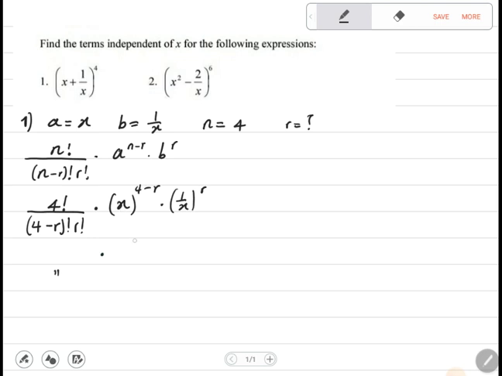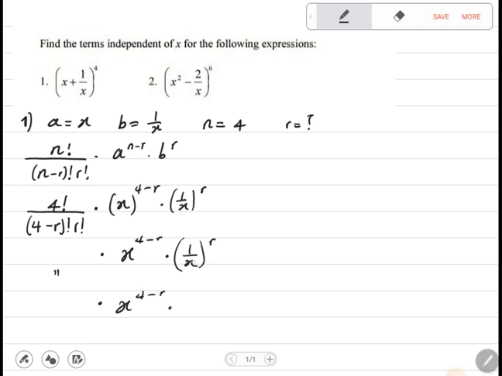This part here is just x to the power 4 minus r.